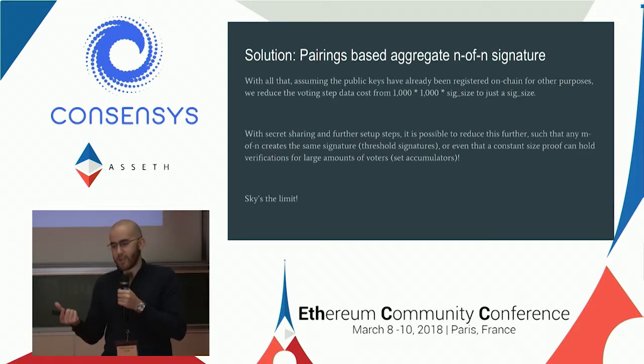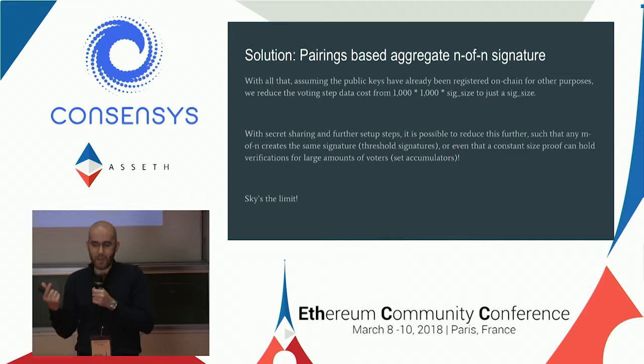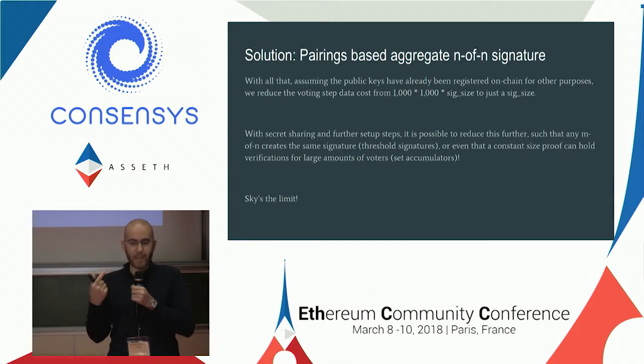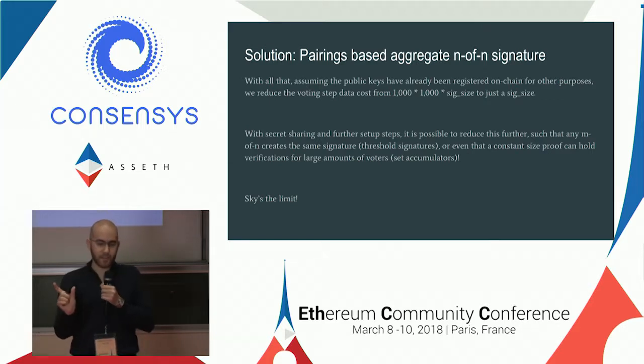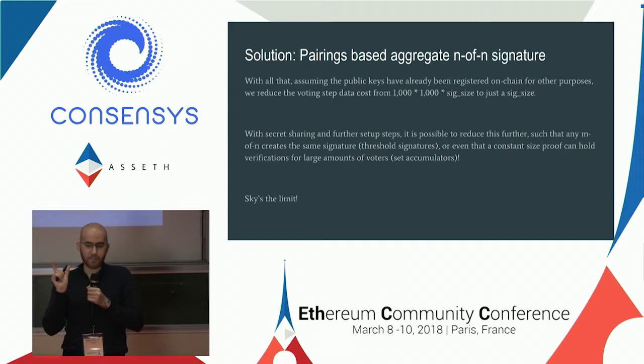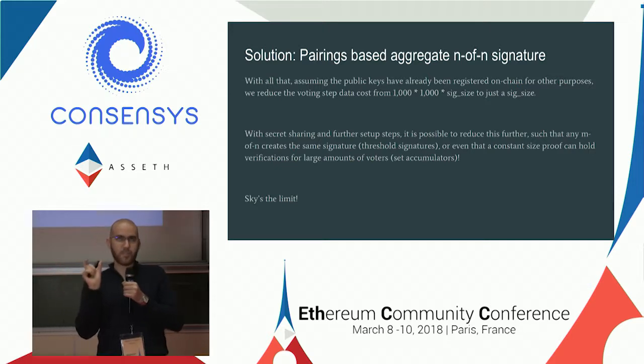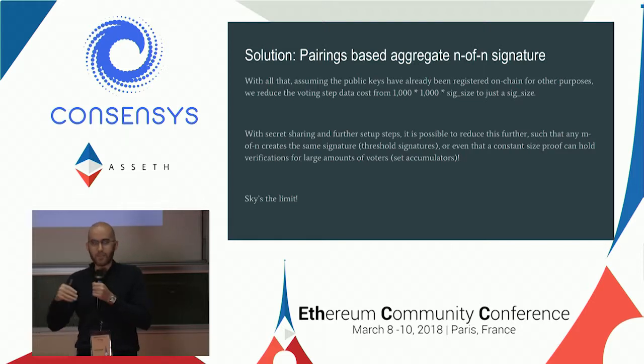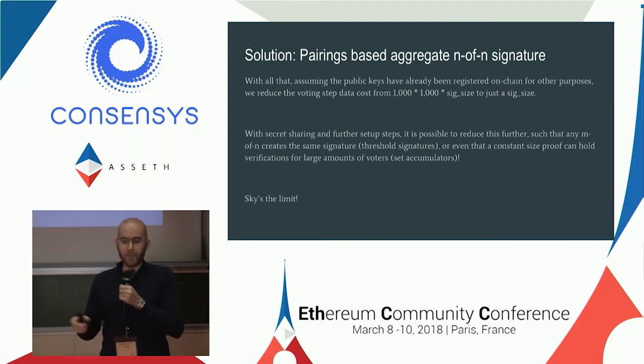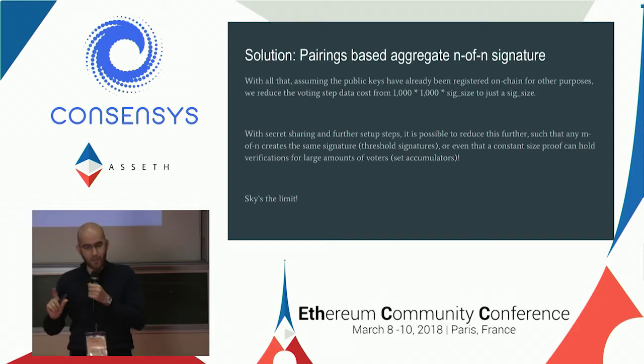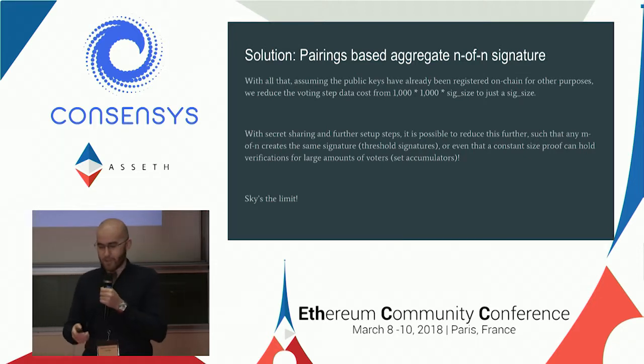A set accumulator is basically like a hash that can hold a fingerprint for an arbitrarily large file. A set accumulator can be a verification for an arbitrarily large amount of events. There's always a limit, which is log n verification time, but that's more of a computation theory thing.